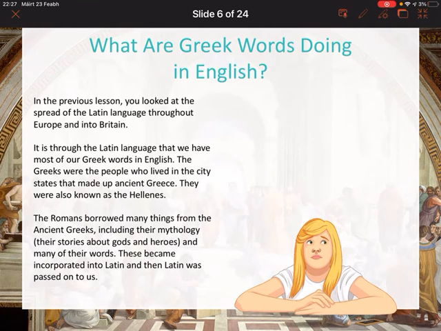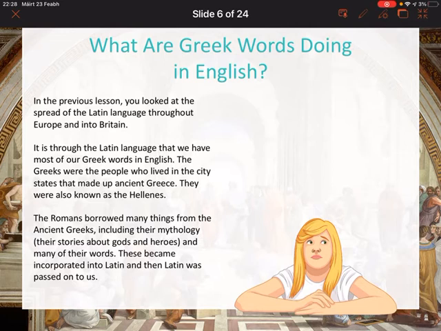So what are Greek words doing in English? Well, we didn't do this in a previous lesson, but we will be looking at words derived from Latin in English in another talk. So it is through Latin that we have most of our Greek words in English.